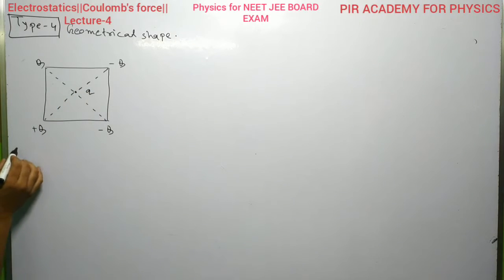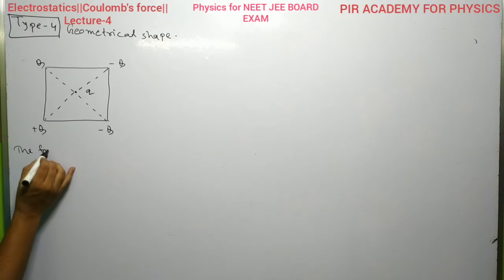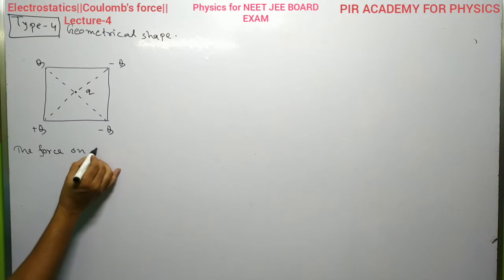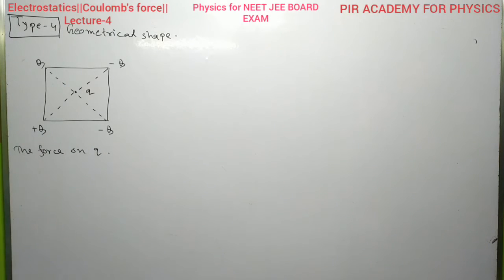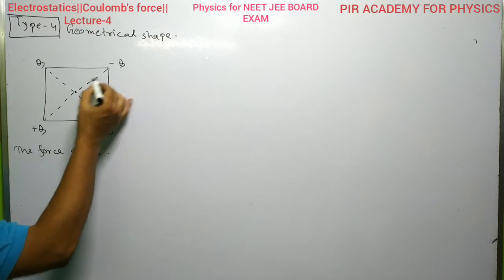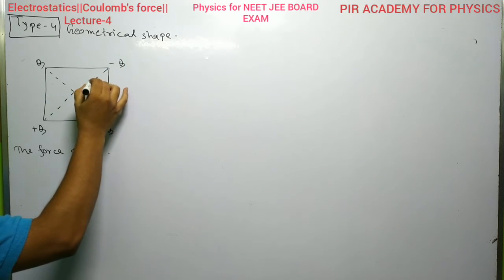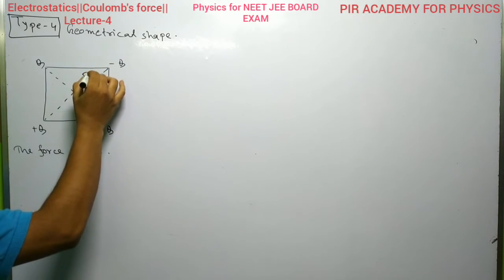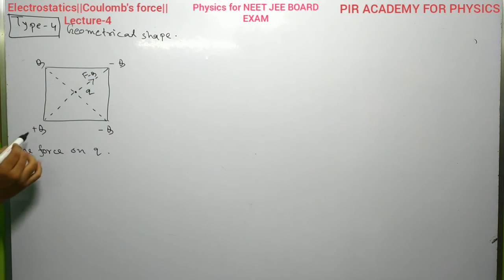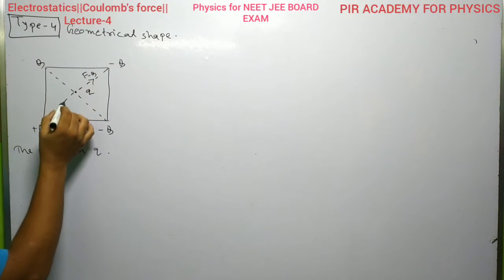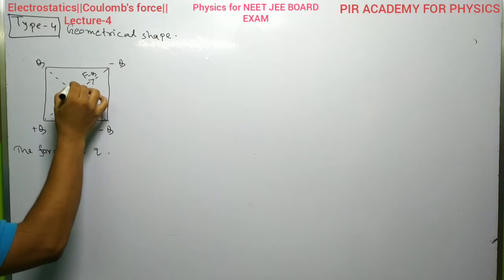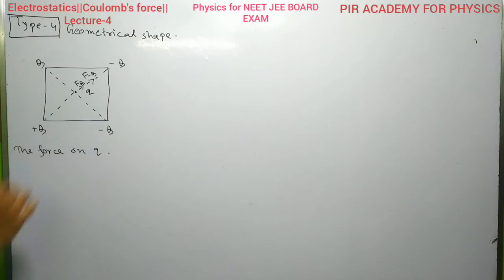You have to find out the force on q. Due to this force, the direction will be along this direction, and due to this force, the direction of the force will be along this direction, in the same direction.